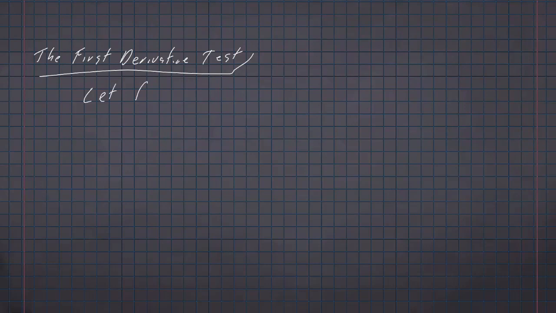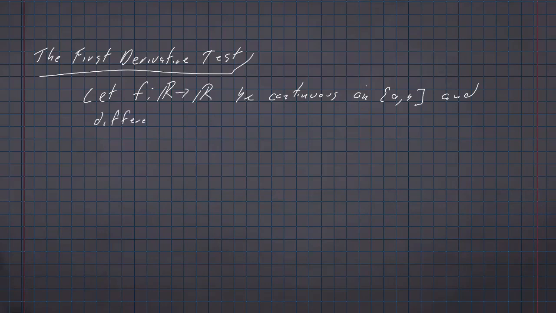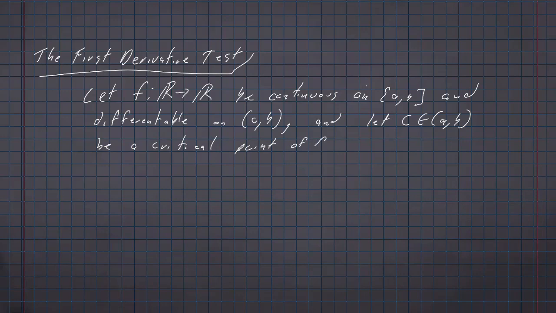All right, let's let f be a real valued function of one real variable, which once again is continuous on a closed interval from A to B, and once again is differentiable on the open interval from A to B. And let's take a point C in that interval, where C is a critical point of f.